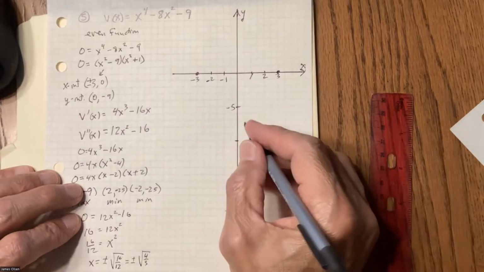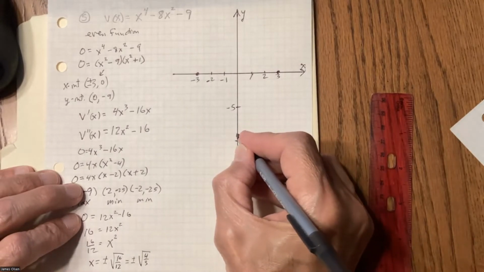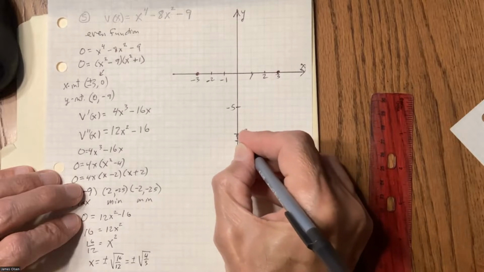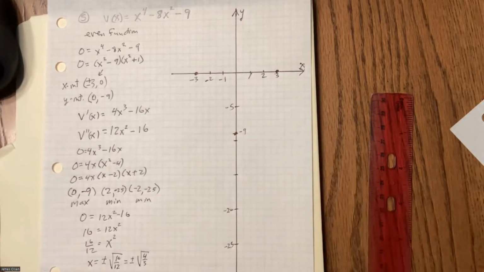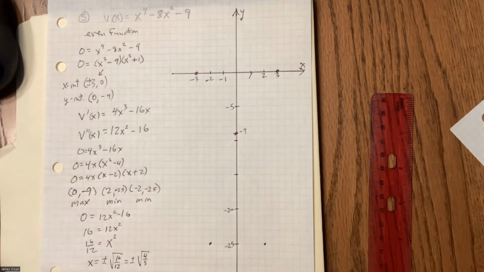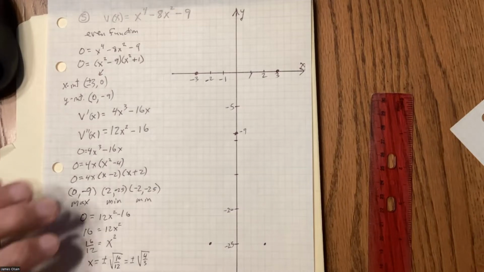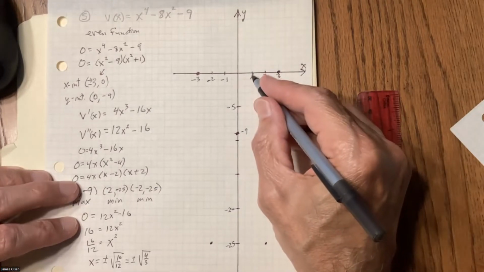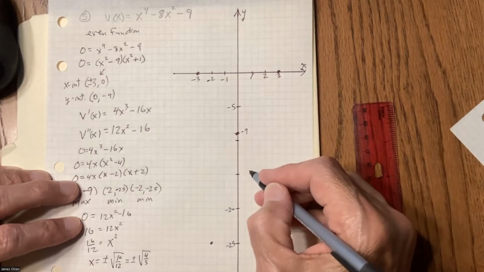The y-intercept is at negative 9. Two comma negative 25, negative 2 comma negative 25. And our inflection points aren't quite as nice, but we'll put them on here a little bit to the right of 1 and almost negative 18.